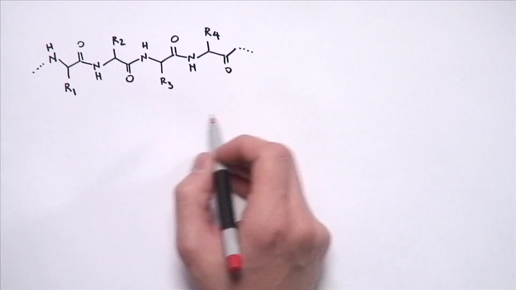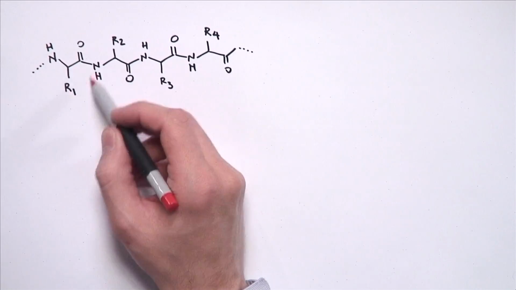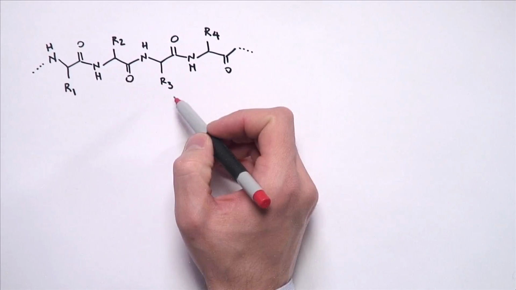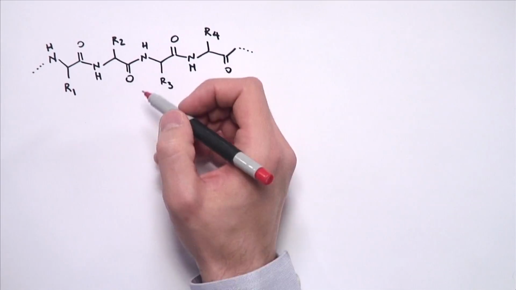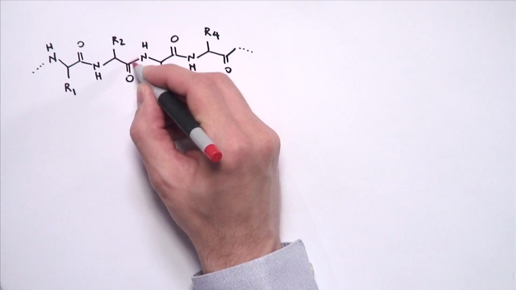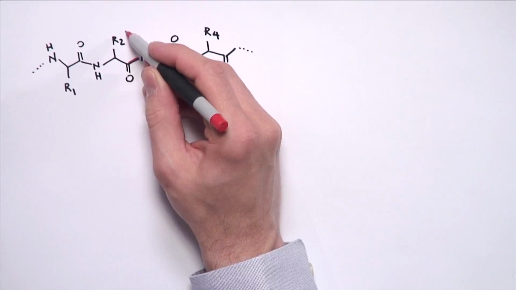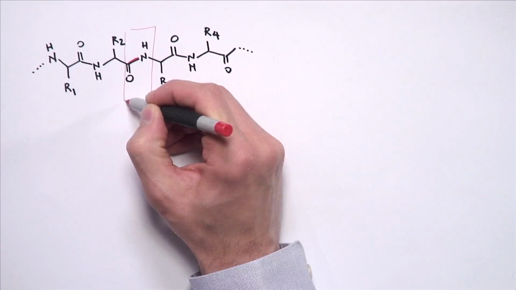Let's take a look. Here is a polypeptide chain with amino acid residues R1, R2, R3, R4. Let's look at this peptide bond right here in the middle of the chain.